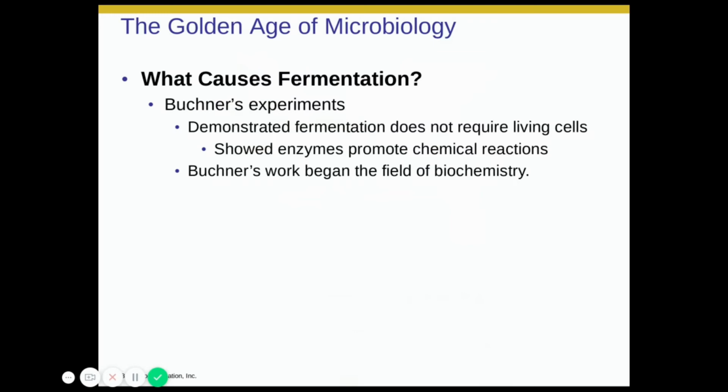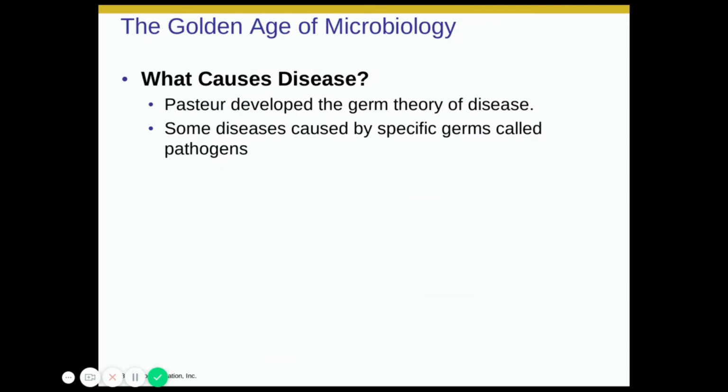You just have to have them in the right combinations at the right time, and you can definitely do it. So what did Buchner bring into existence? Essentially, biochemistry. He started to understand how enzymes and metabolism work in order to still produce the products that we're going for, but in a cell-free environment. So there's no living thing that's necessary in order for fermentation to go forth. It's just all of the biochemical reactions necessary in order for fermentation to happen.